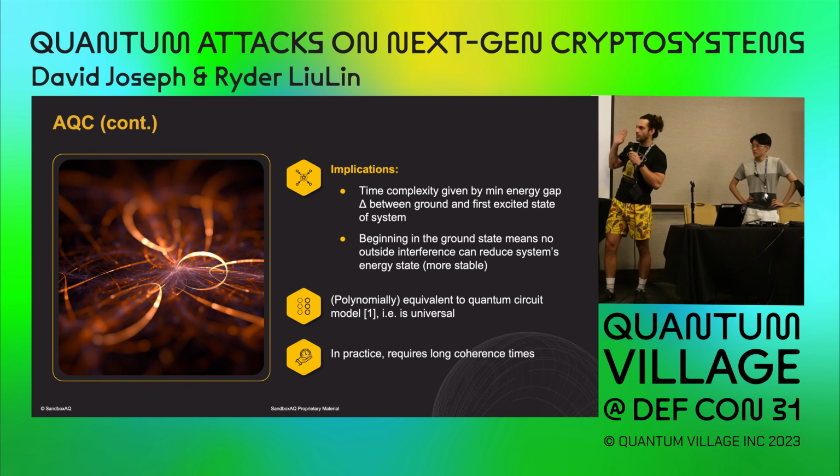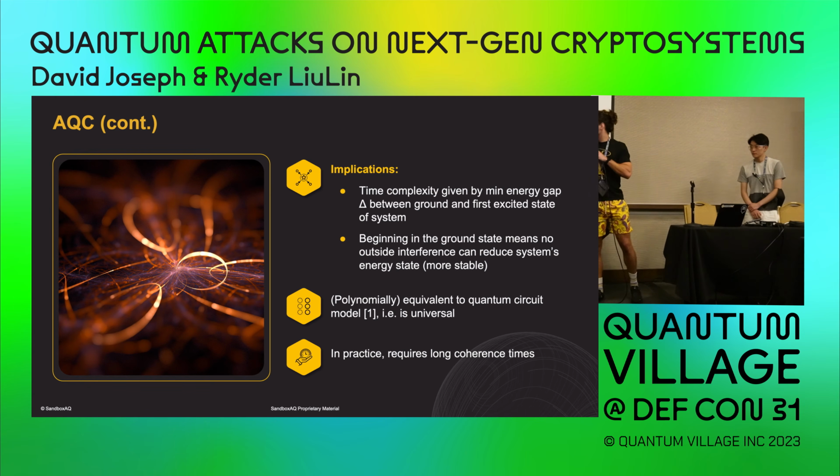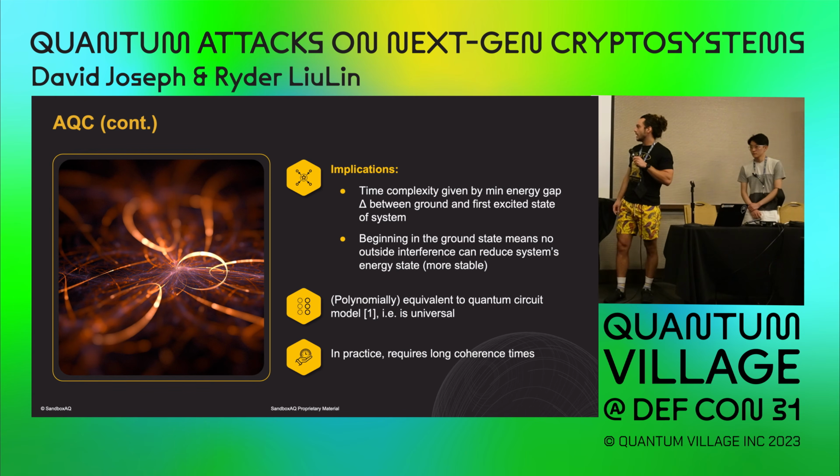If you look at the energy of the things you sampled, they'll be sampled from some kind of Gibbs heat distribution. Even though it looks like it's from another world, this model is equivalent to the circuit model, and the adiabatic version is universal. It is polynomially equivalent, which is, I guess, the word mathematicians use to say it.